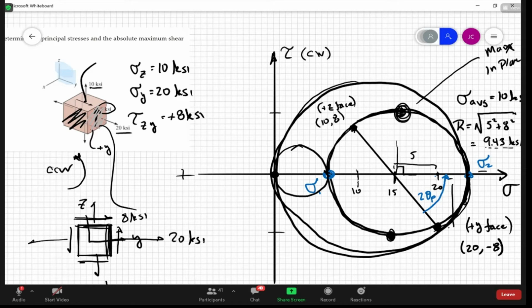That is not a very good looking circle, but you get the idea. Since both normal stresses are of the same sign, you're going to have a maximum shear stress that's greater than the max in-plane. So the absolute max is going to correspond to here. This is the absolute max.